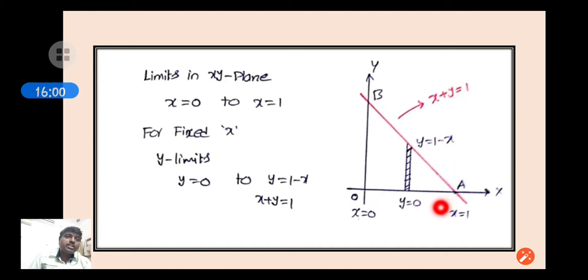For a fixed x, y varies from the lower limit 0 to the upper limit y equal to 1 minus x, which is the line x plus y equal to 1. So it is our region in the xy plane.